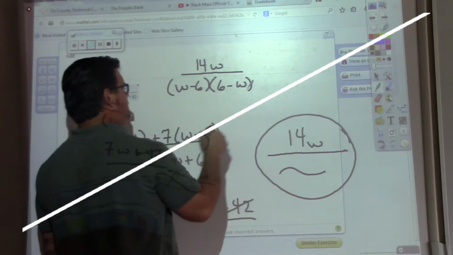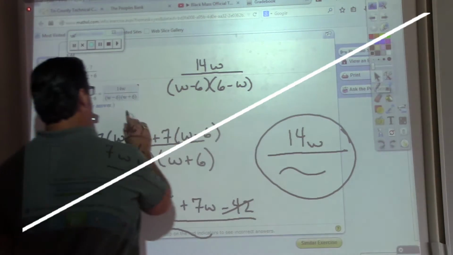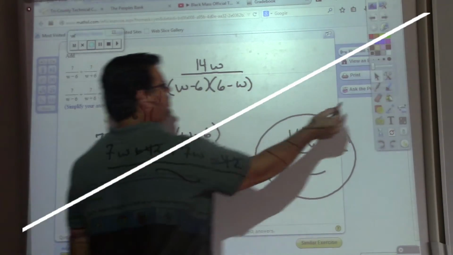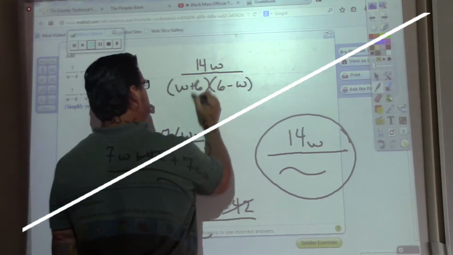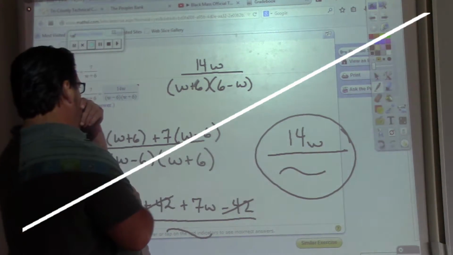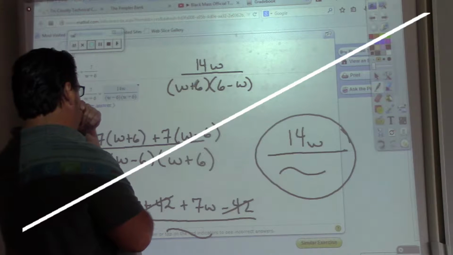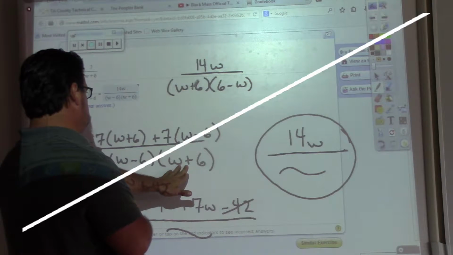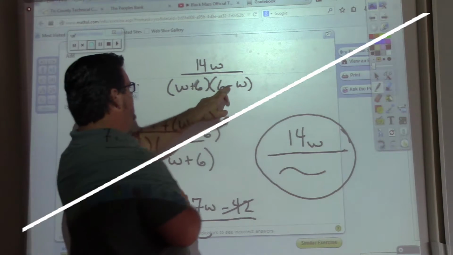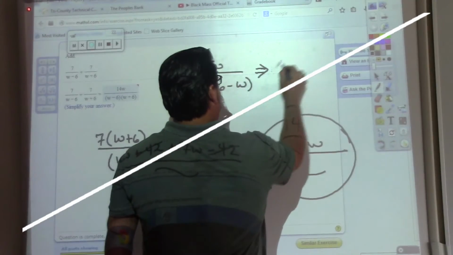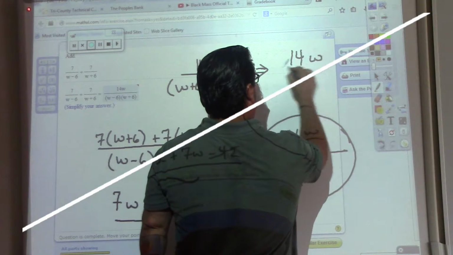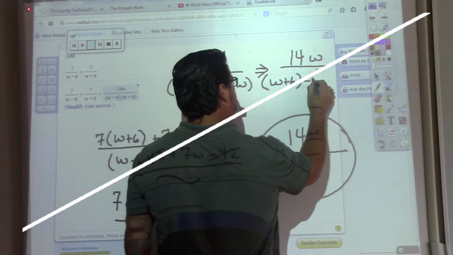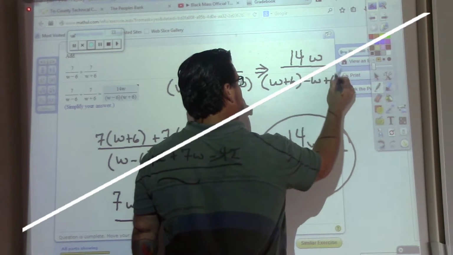Let's see if she got the first one. I think it was plus. Yeah, W plus 6, okay. That's not the same. This is actually 14W over W plus 6 times negative W plus 6.